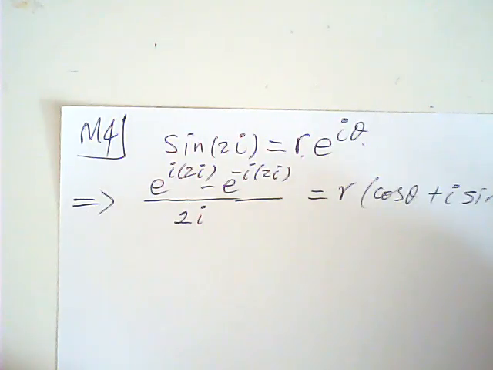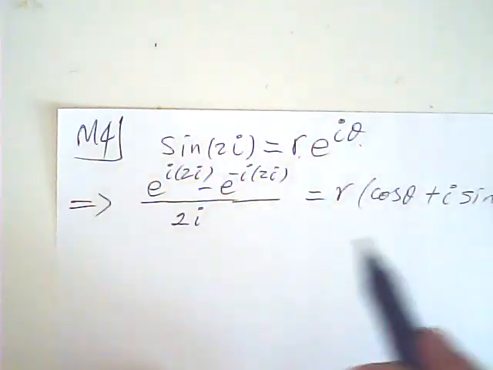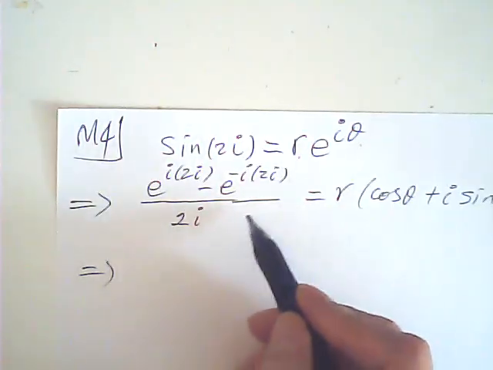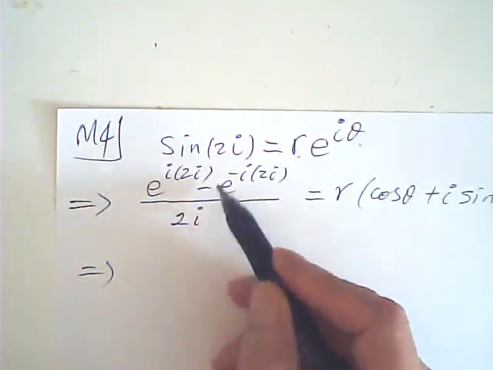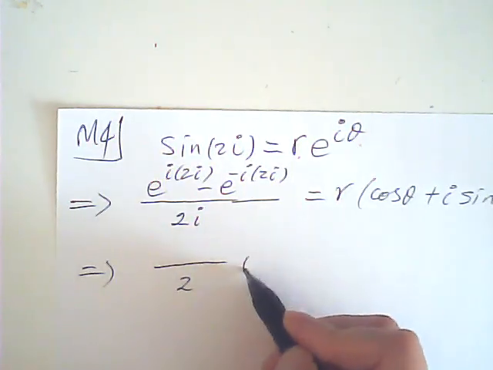Now this is equal to, if I multiply i both top and bottom, it becomes 2i, right?